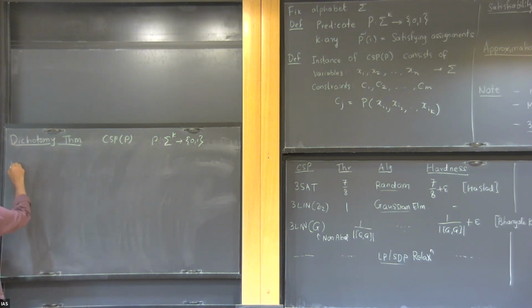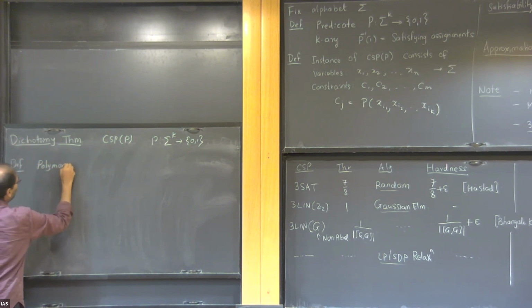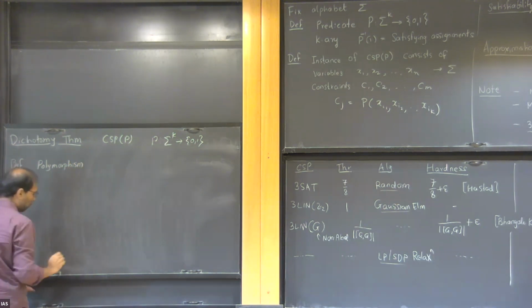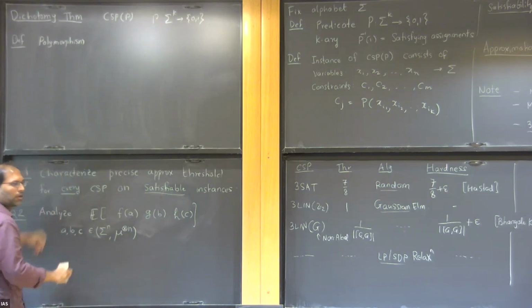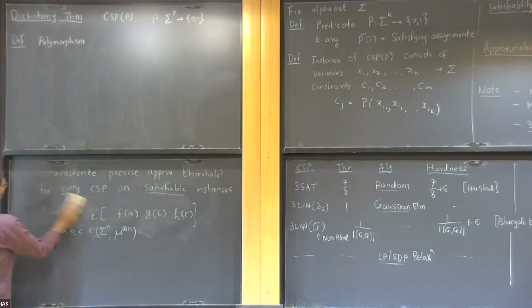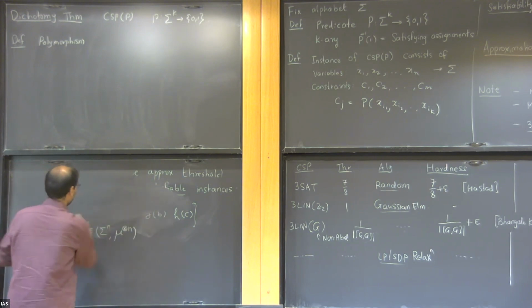The relevant notion here is what is referred to as polymorphism. Perhaps it will be more instructive to actually give an example of a polymorphism before making a formal definition.